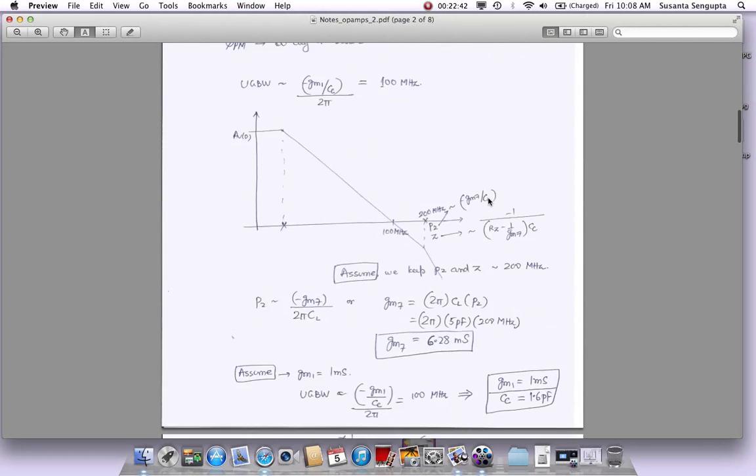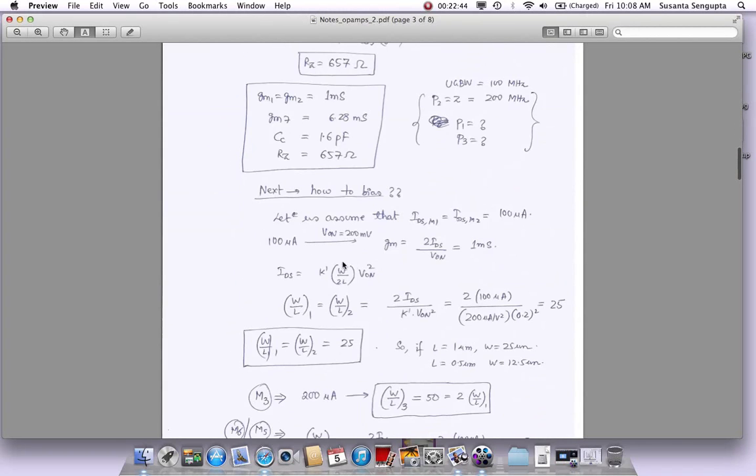Whenever you have a bias current, from there you can calculate the GM, right? So GM is 2 times IDS by Von. If Von is 200 millivolts, which is what we are trying to design, and I keep the bias current as 100 microampere, if you put these two together, you will see the GM will come as 1 millisiemens. So a bias current of 100 microampere will satisfy a 1 millisiemens GM.